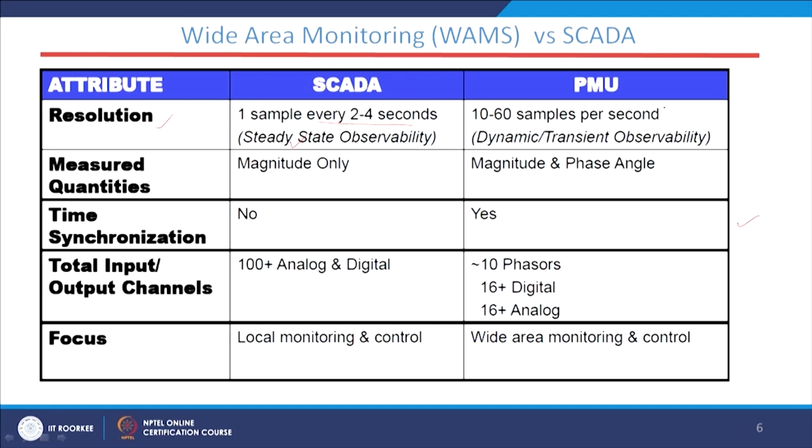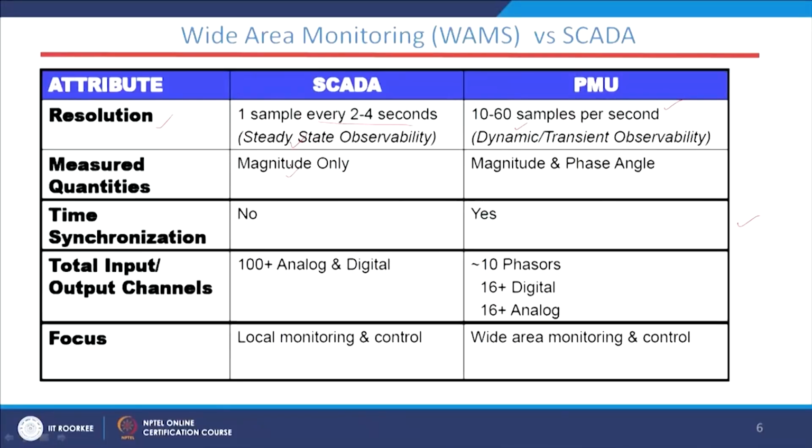However, in case of PMU we have 10 to 60 samples per second, and this is designed for dynamic and transient observability, because it is online information, even during the dynamic and transient condition of the system, generator, transmission line or loads. So, we can always observe what is happening inside the network.